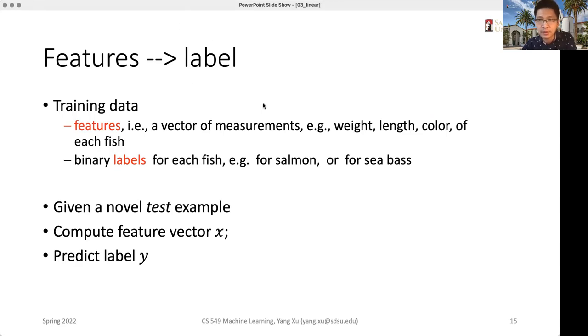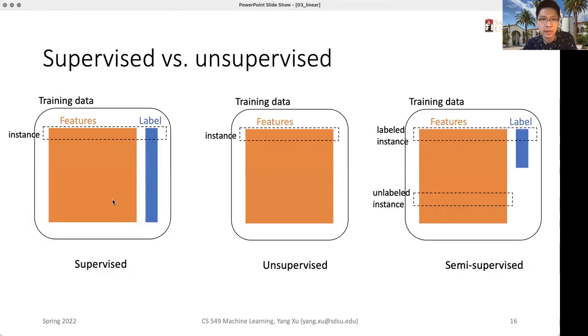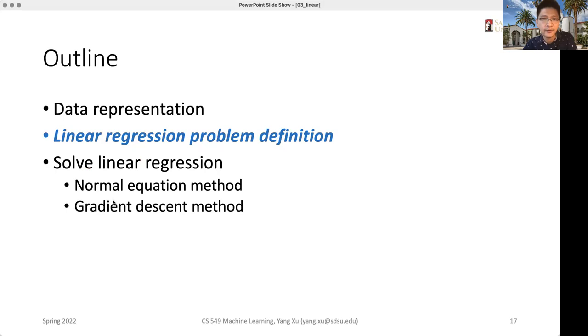I think I'm going to skip it for now, and we'll leave it to a future lecture when we first talk about unsupervised learning. All right. Now let's look at the linear regression problem. How do we mathematically define such a problem?